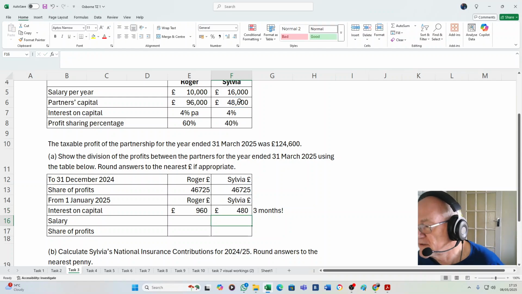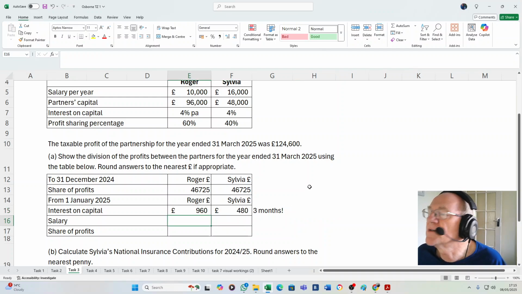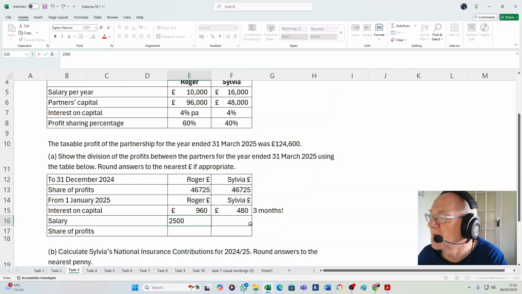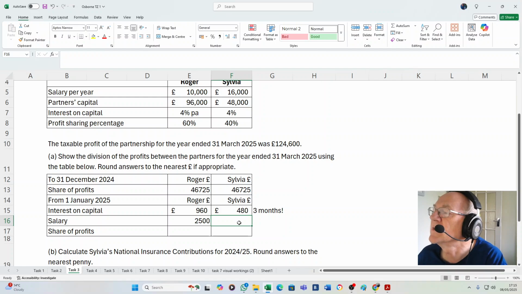Half, of course, because she's only got 48,000 instead of 96,000, so might better do that one a quicker way. The salary, just watch out, it's a salary per year. So quarter of 10,000, not waste time doing the calculations, and a quarter 16,000.